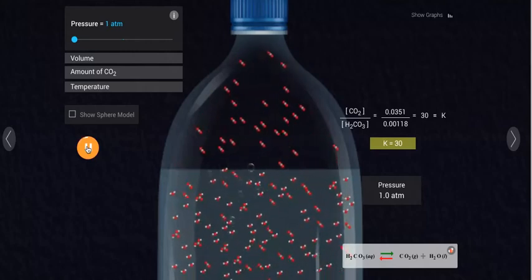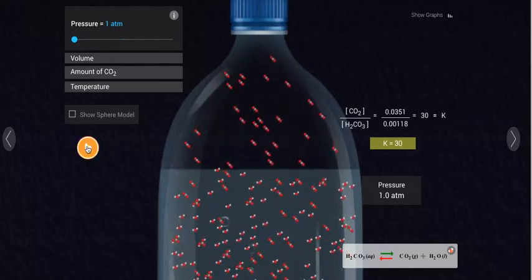Now, even though the concentrations of our CO2 and our H2O changed, the ratio changed in such a way that it kept the KEQ value at 30. So you're going to have to explain which way the system shifts in response to that reduction in pressure and why.